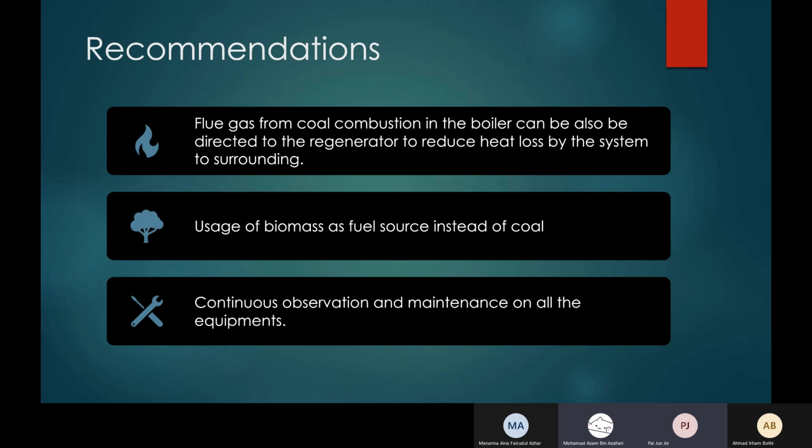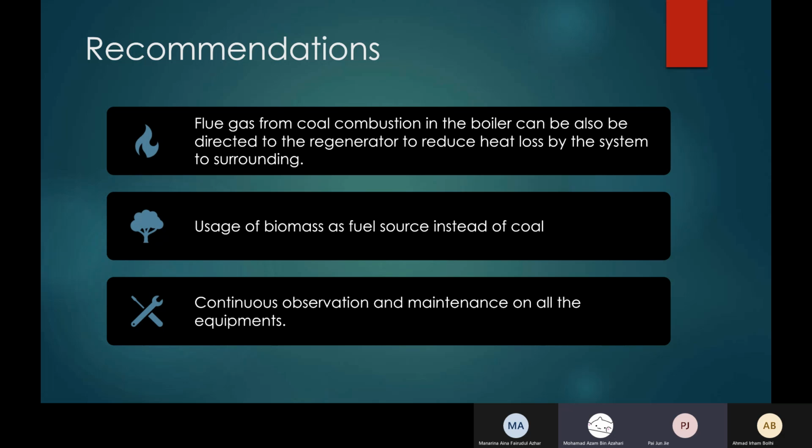There are 3 recommendations which have been identified that can increase the efficiency of the power plant. First is to direct the flue gas from coal combustion in the boiler to the regenerator so that some of the heat can be transferred into the water cycle, reducing heat loss to the surrounding. Second is to use biomass as fuel source instead of coal.